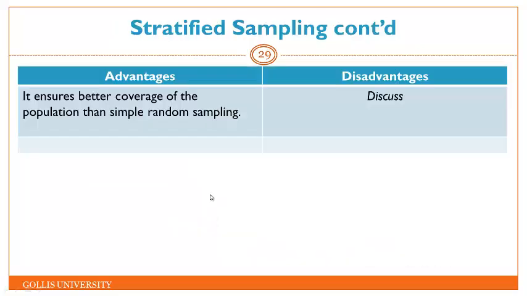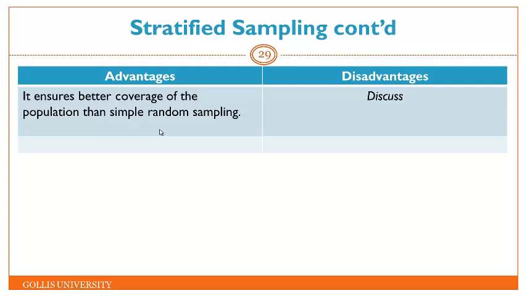So stratified sampling is also another very good and simple method of selecting a sample. It ensures better coverage of the population than simple random sampling. That is the advantage, because the population based on characteristics will be developed in an equitable manner.